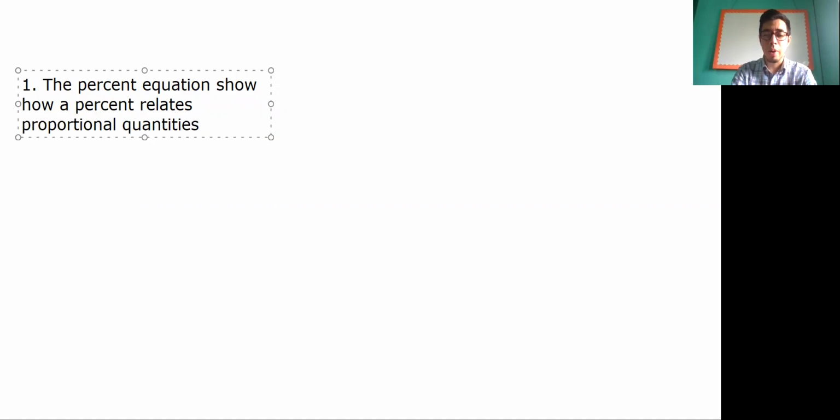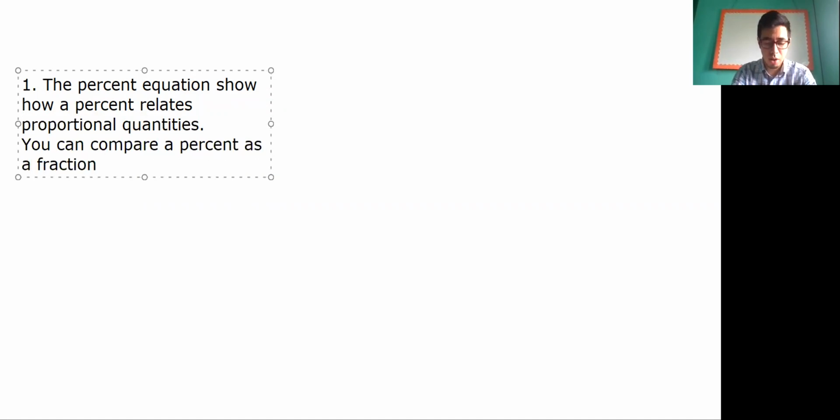What else can we do about this? Okay, you can represent or you can compare a percent as a fraction that is related with 100, remember. P over 100.